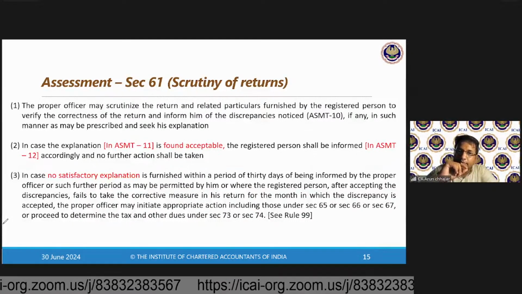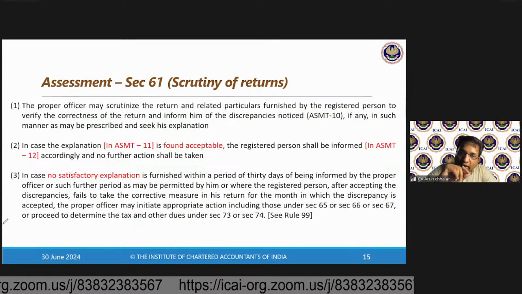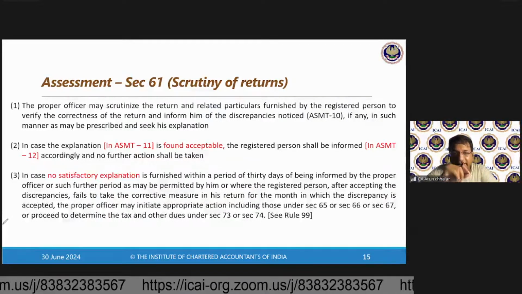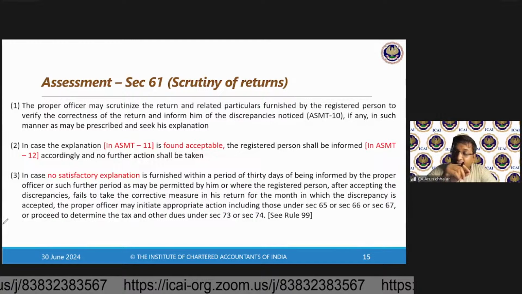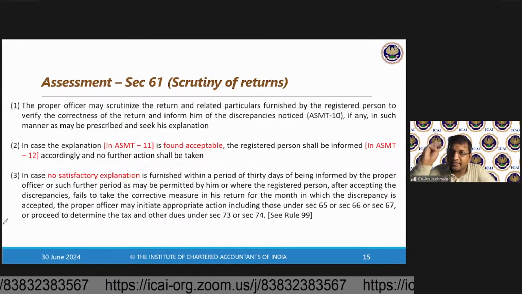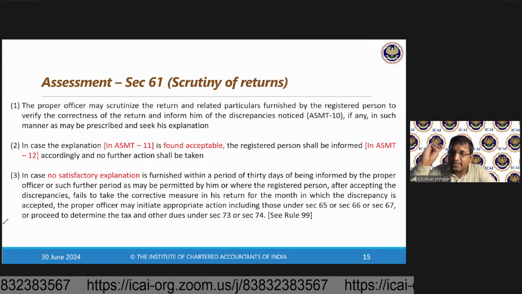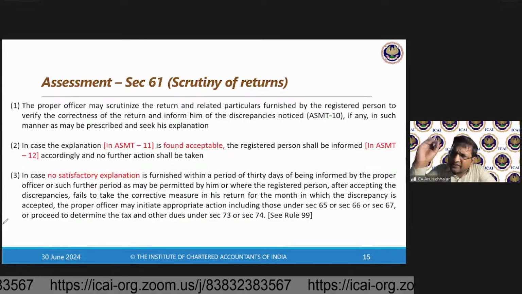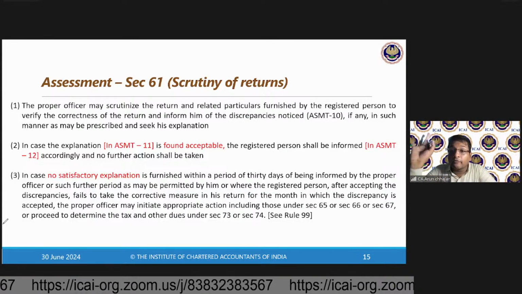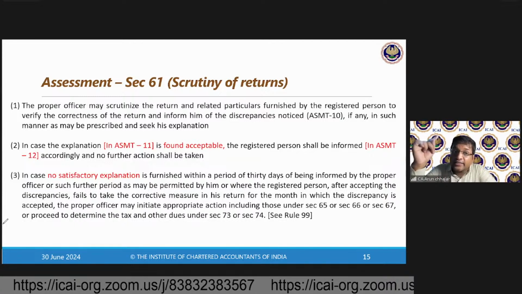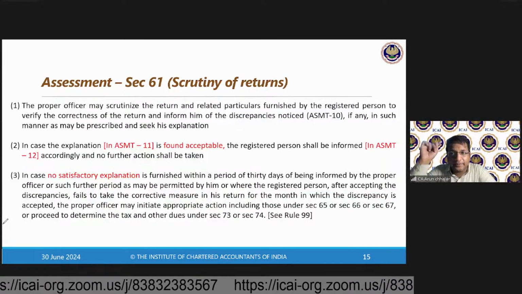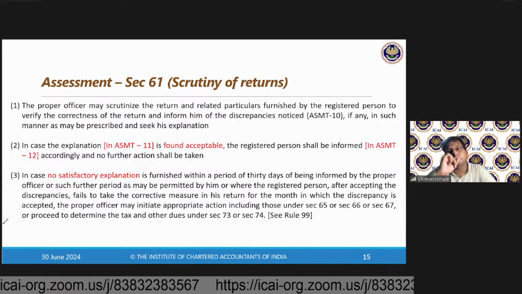Proper officer may scrutinize the returns and related particulars furnished by the taxpayer, by the registered person. So I have furnished the GSTR1, I have furnished the GSTR3B, I have furnished the e-invoicing or e-way bill, whatever the details I have furnished, from that detail they will scrutinize and they will ask in case of any discrepancy in the ASMT 10.